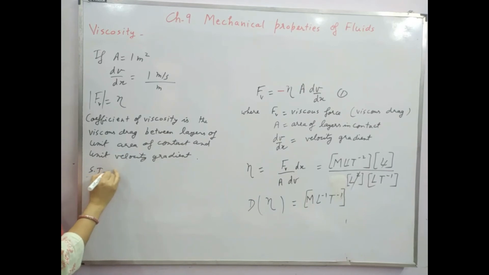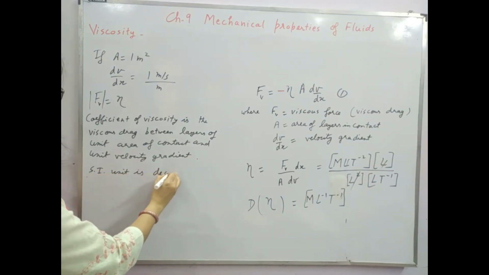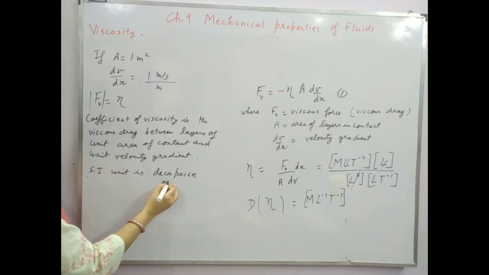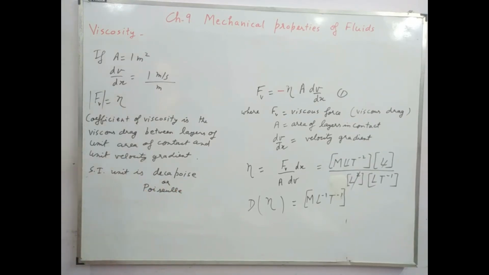Its SI unit is decapoise, also called Poiseuille. Right? So this was all about the basic concept of viscosity.